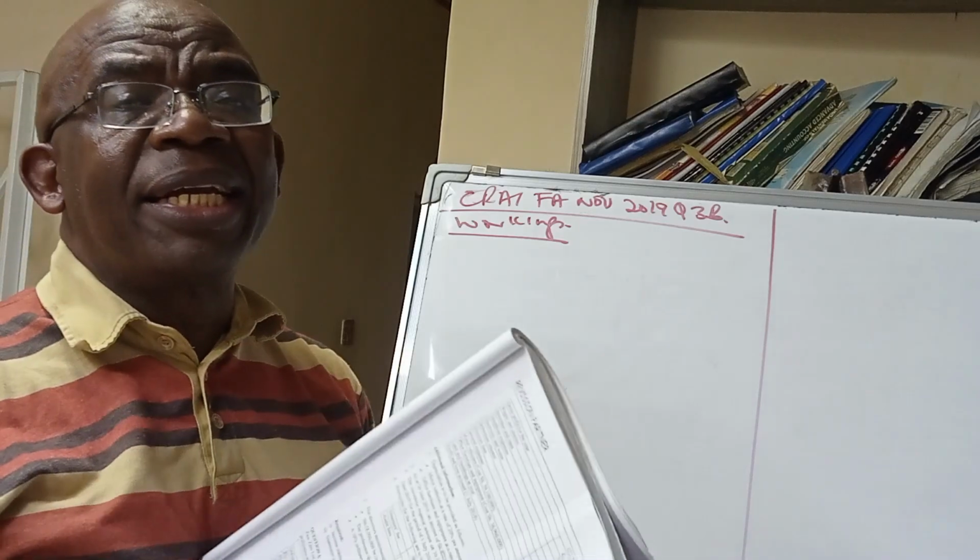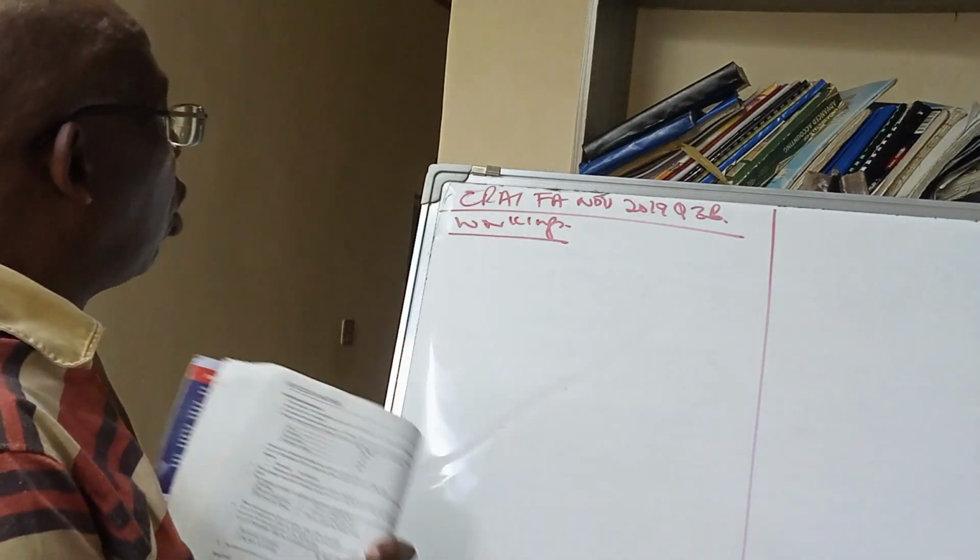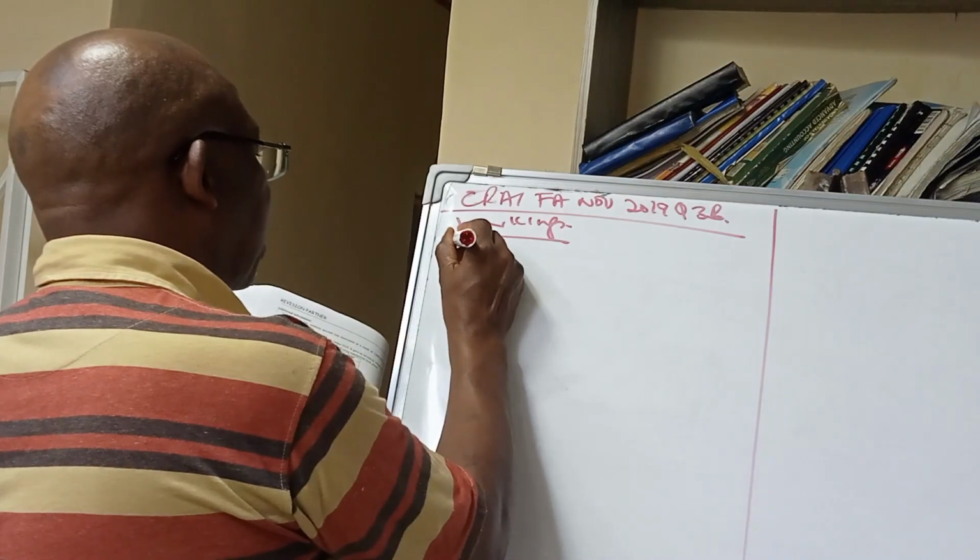And I always like saying in company accounts, the first adjustment you always need to do is debenture interest.